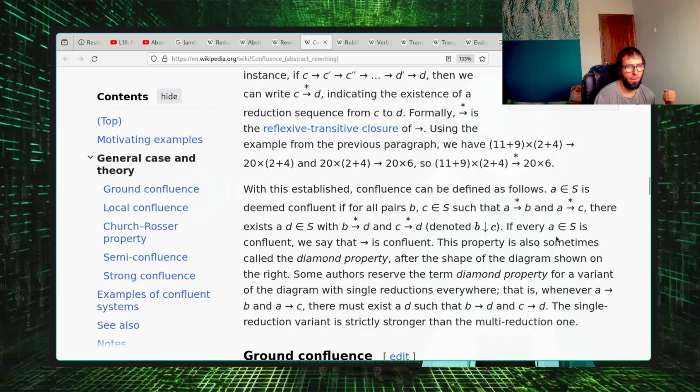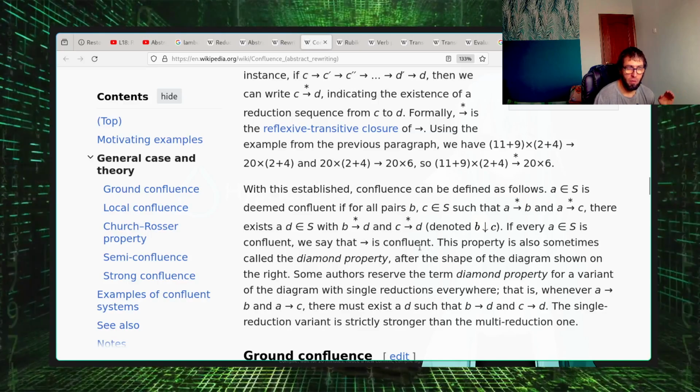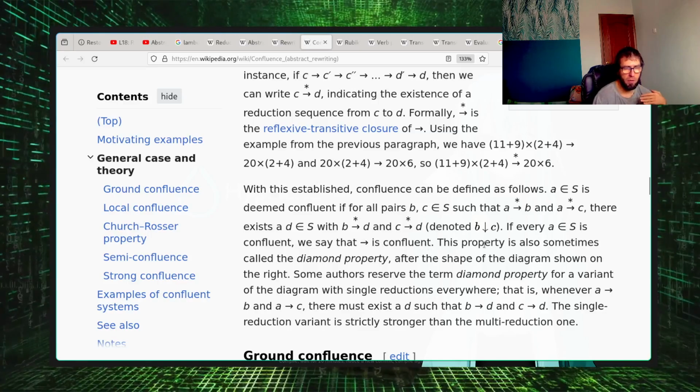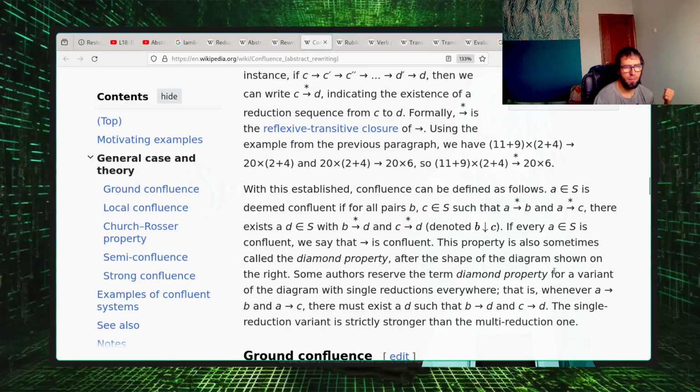Okay. And if every term is confluent by our previous definition, then we say that the arrow itself is confluent, so the reduction itself is confluent if every term is confluent. This property is sometimes called the diamond property.